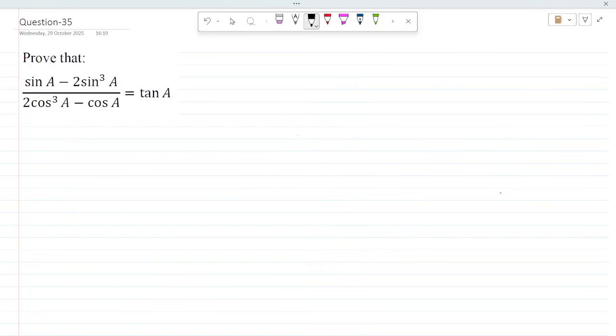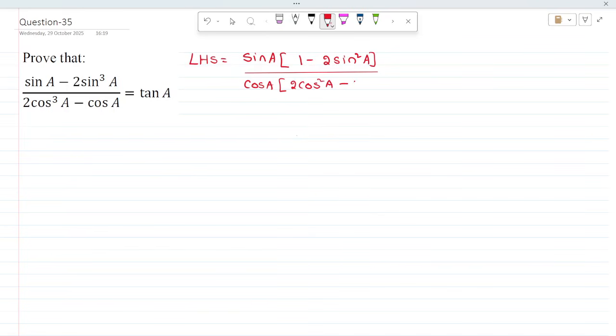Prove that this is equal to this, so take the LHS. What is your LHS? Sin A minus this. Correct. I think you can take something common in the numerator. So take sin A common. What is left? 1 minus 2 sin square A divided by, again you take cos A common, 2 cos square A minus 1. Understand now?